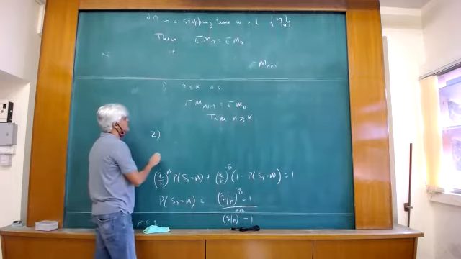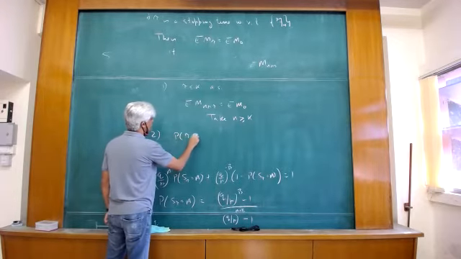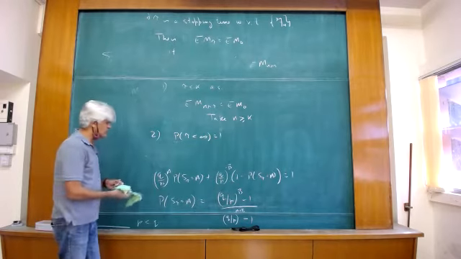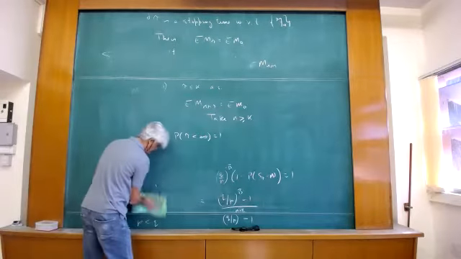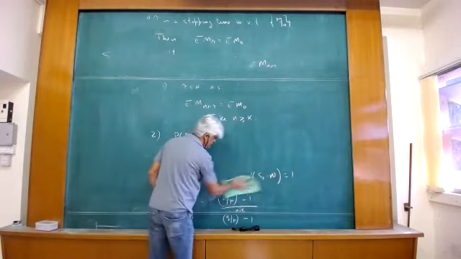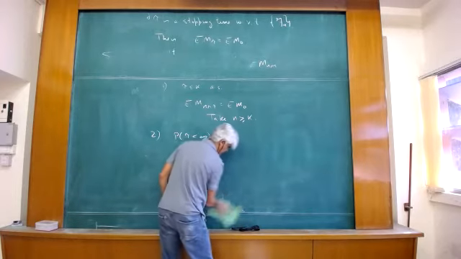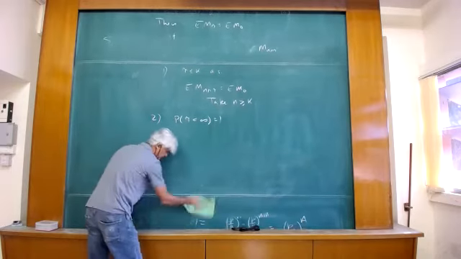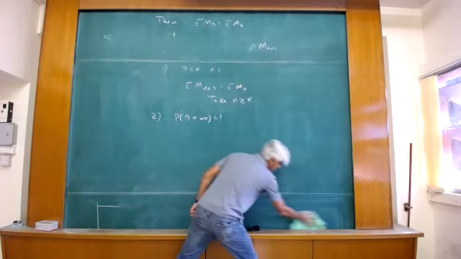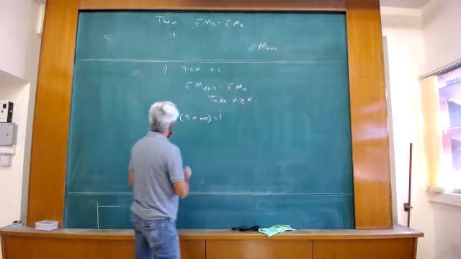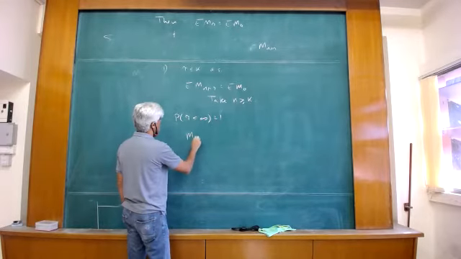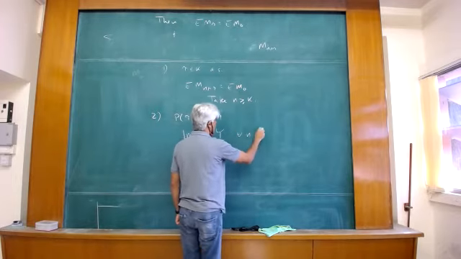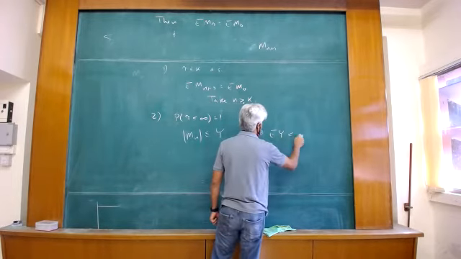Second, we'll assume that tau is finite. Now it's no longer bounded. And we'll assume that |M_n| is less than or equal to Y for all n, and E of Y is finite.